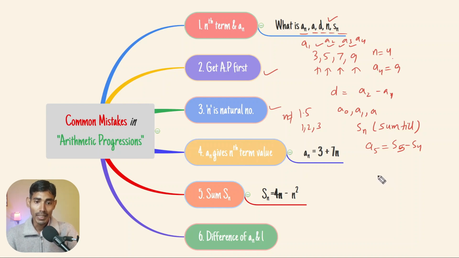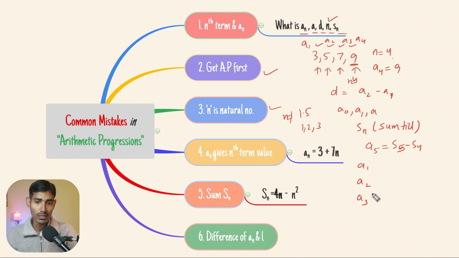Fourth one is, An gives the nth term value. I've touched on this point in the first one also. N is the position, like the fourth position, n is equal to 4, and A4 gives the fourth position's value, what's sitting on the fourth position. Now, in case you are given a formula right away, a lot of students get confused here. If the An formula is given, just put 1, 2, 3, 4 and you will get A1, A2, A3 right away.